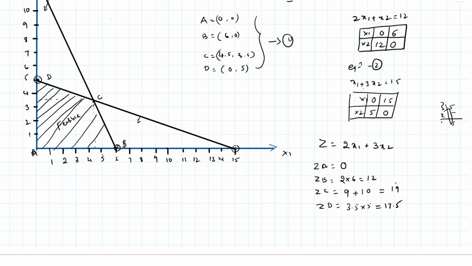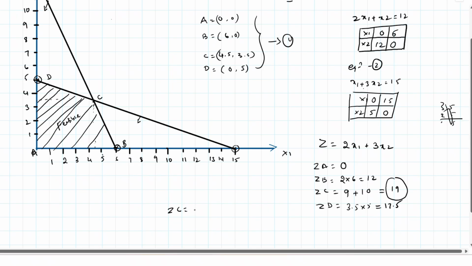Then the problem is subject to maximization. So we have to select the maximum value among all the four corners. ZC has the maximum value, so ZC is going to become our optimal solution.